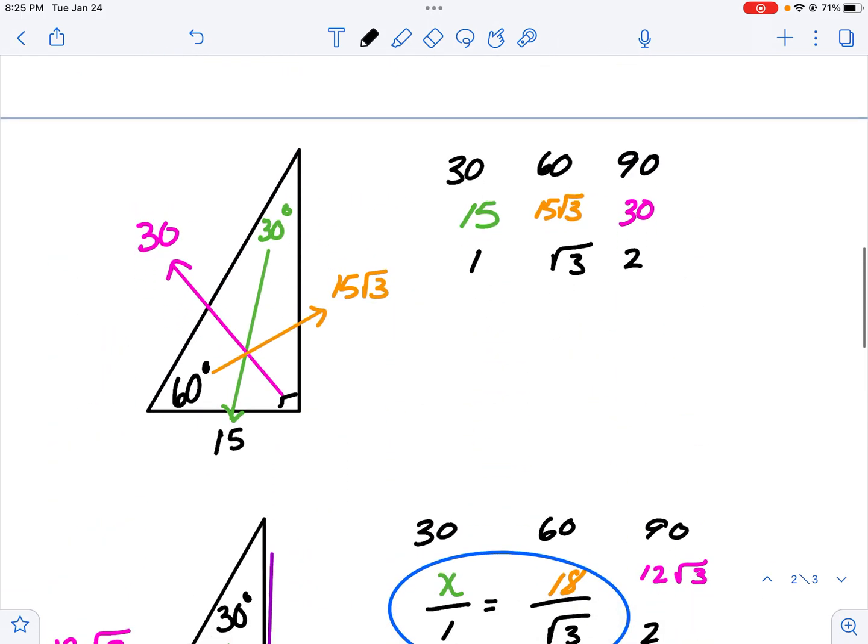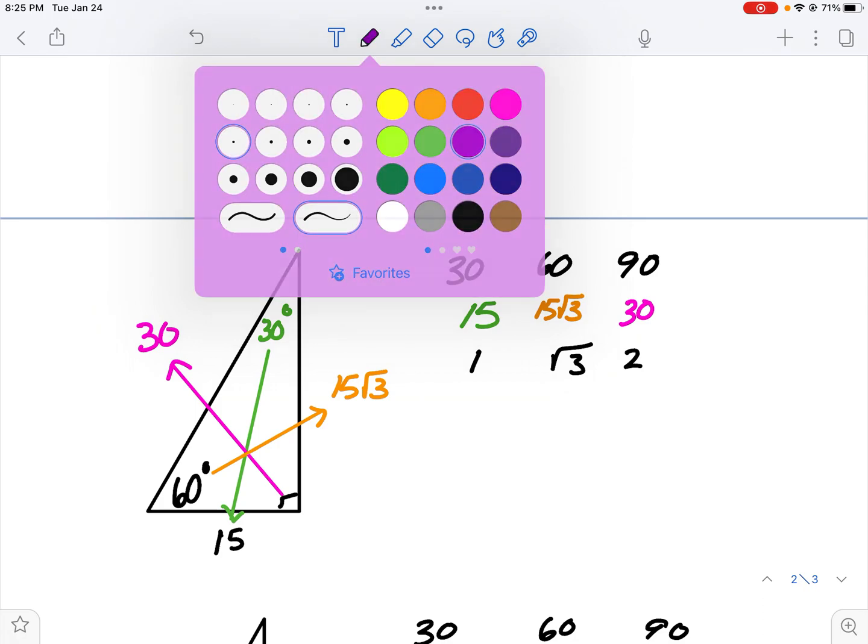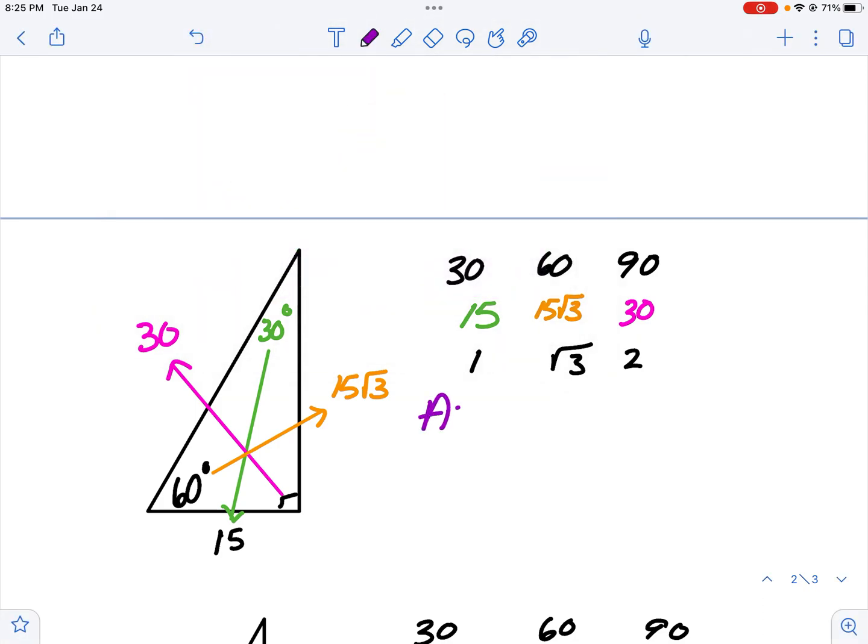If we did this one, area equals 1/2 of base times height. Area equals 1/2. Here's the right angle. The right angle is attached to the base, which is 15.